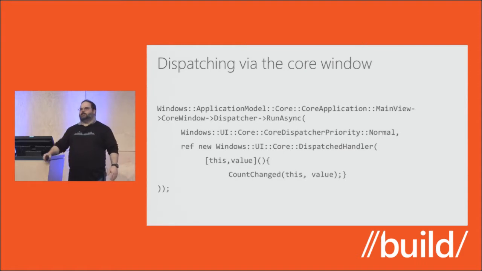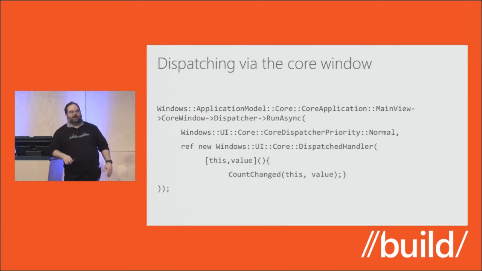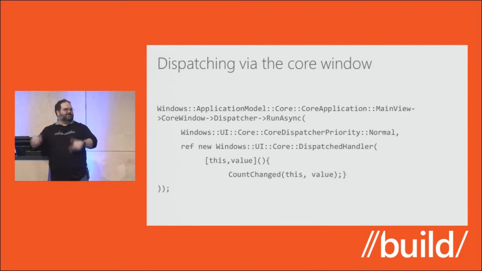So, all right, that's one kind of dispatching you can do. The other kind of dispatching you can do doesn't require you to be holding on to a UI element at the time. There is this core application inside of every, what are we calling them, Windows 8 store apps. Inside of those things, there's a core application window, and you can just go call the thing. And again, I'm a C++ guy, so the code here is C++.